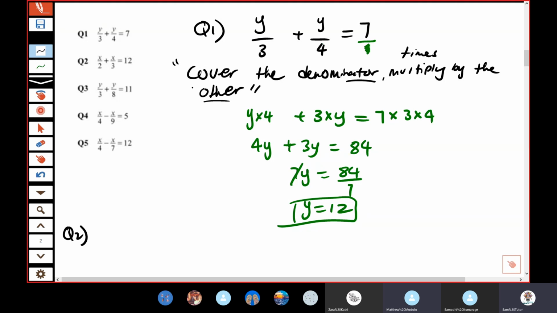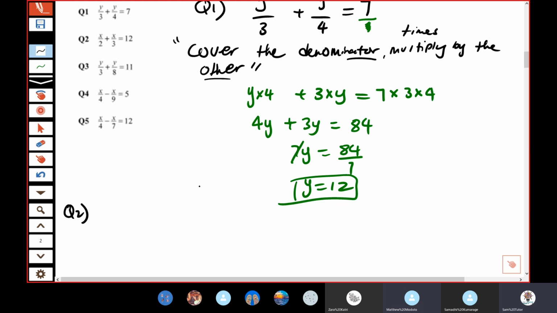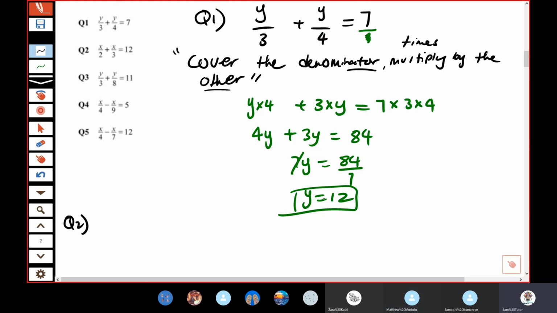Because that's how you do it. Follow this sentence: cover this denominator, multiply by the other denominator. So it's not meant to be in order. All right, let's do question 2. You'll see it as we do question 2. Maybe you guys should write that down as an example, and then we're going to do question 2 as well.